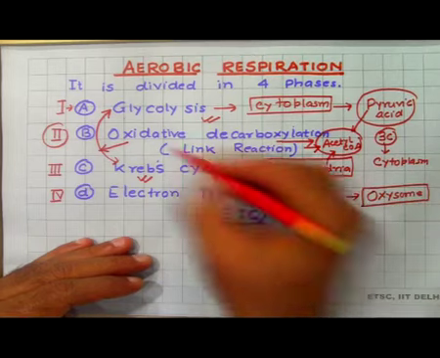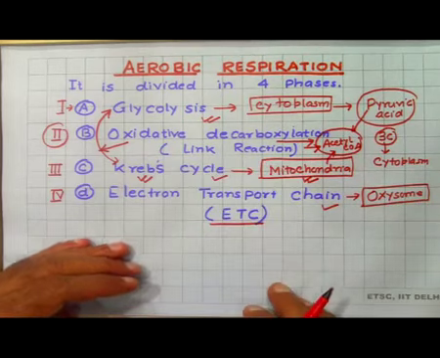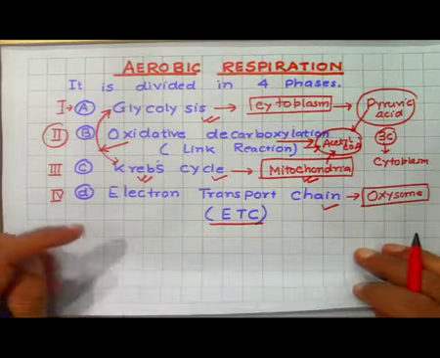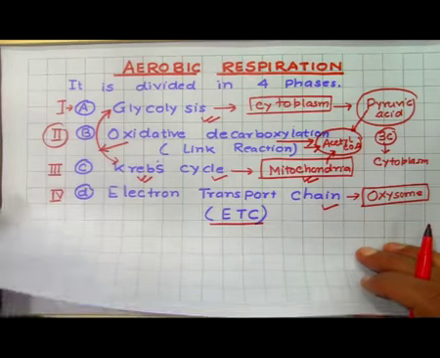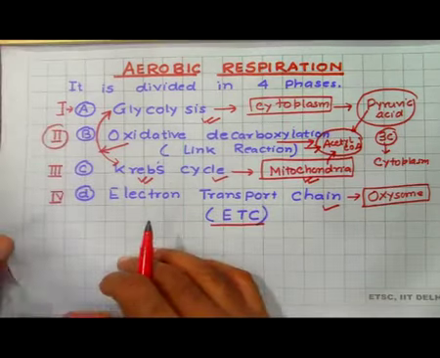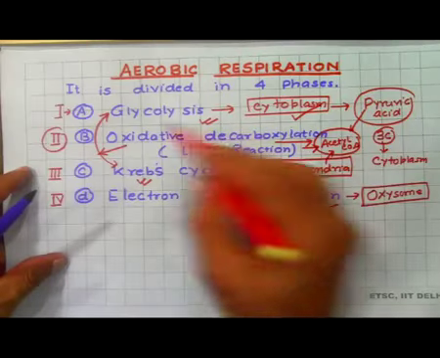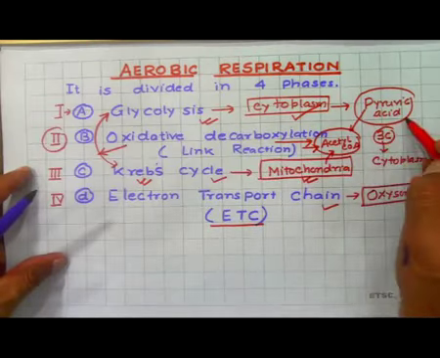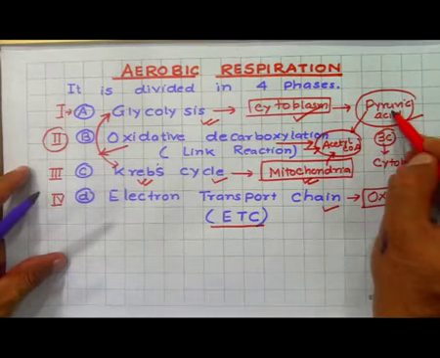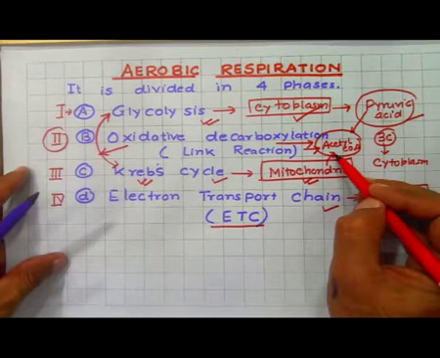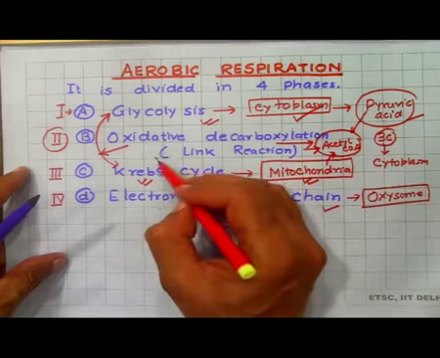So, these are the 4 steps involved in aerobic respiration, and their sites: glycolysis in cytoplasm, where the glucose molecule is converted into pyruvic acid; this pyruvic acid is converted into acetyl coenzyme, called the link reaction.